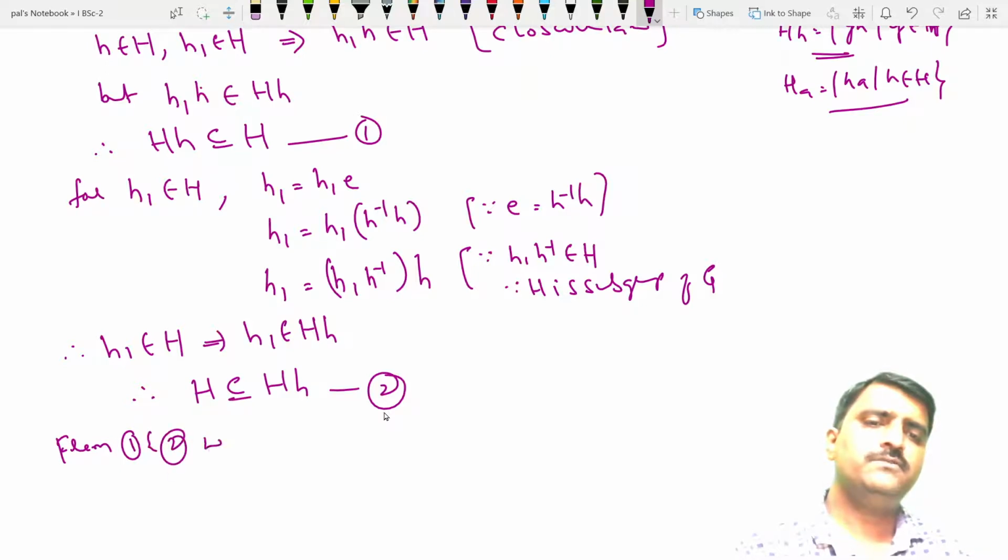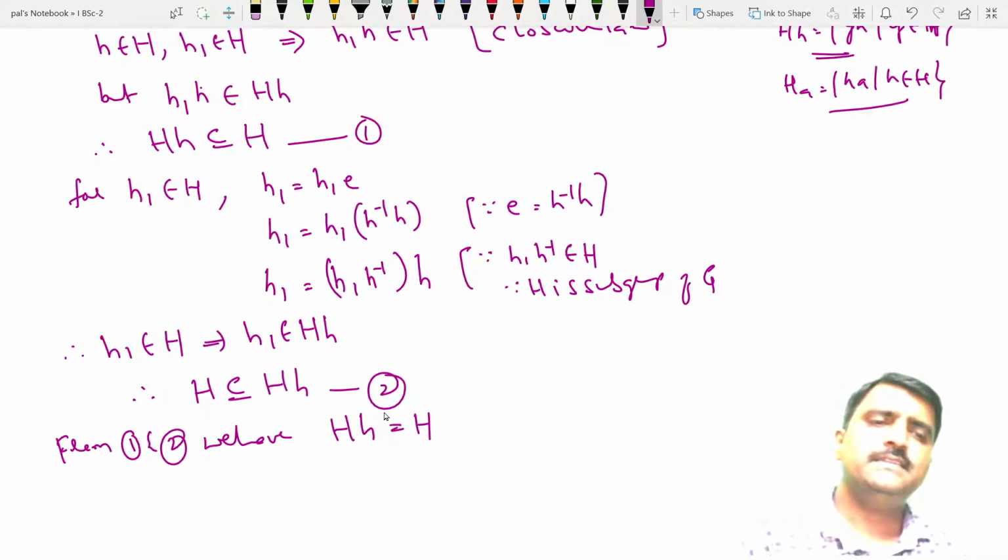From 1 and 2 we have H into H is the same as H. If A is a subset of B and B is a subset of A, then A is equal to B. So in the same format, HH is a subset of H, H is a subset of HH, then HH is equal to H. Similarly, it can be proved that HH is equal to HH.